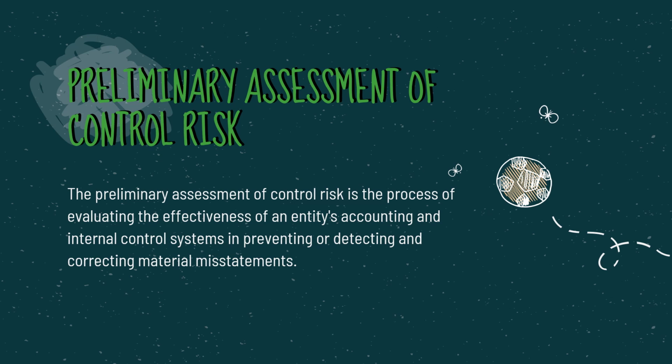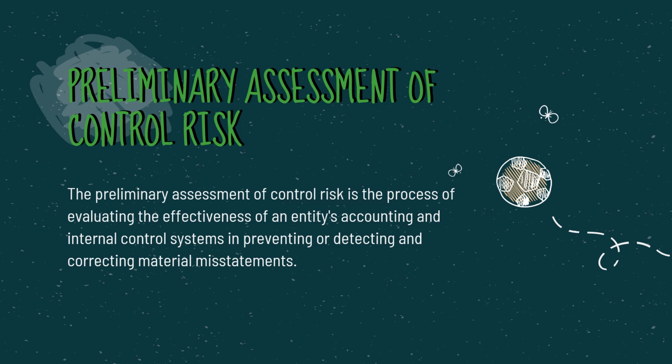So here we go. The preliminary assessment of control risk is the process of evaluating the effectiveness of an entity's accounting and internal control system in preventing, or detecting and correcting, material misstatement. There is always some control risk because of the inherent limitations of any accounting and internal control system.